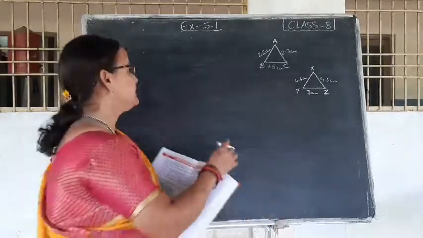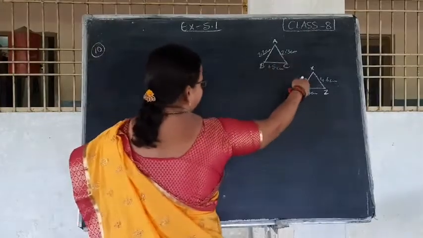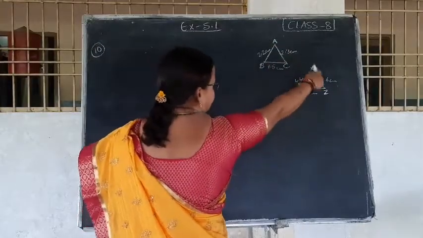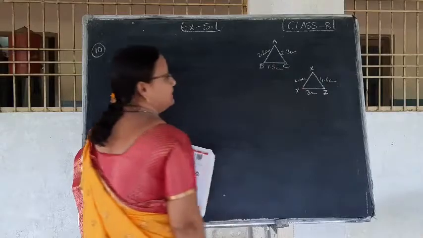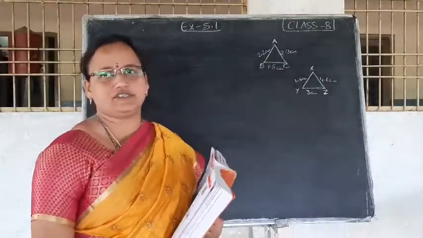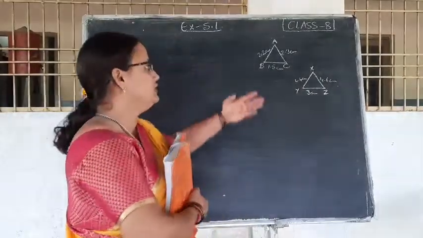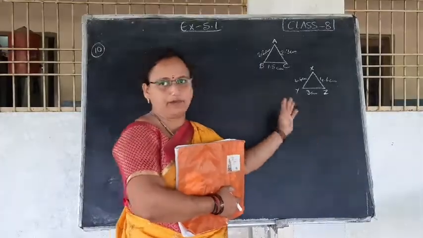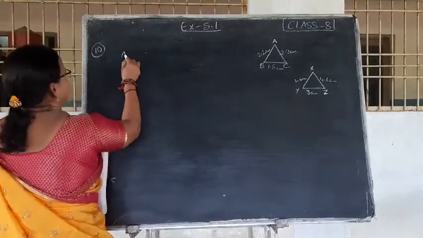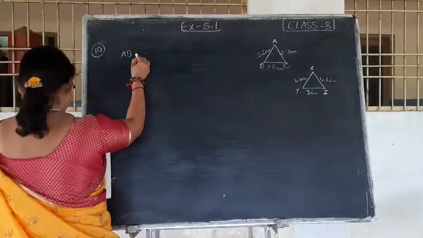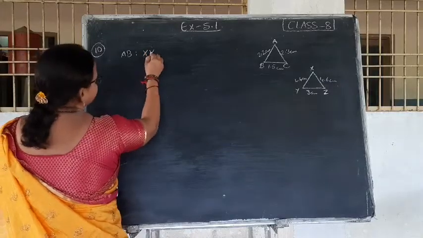That is, the corresponding sides AB and XY, BC and YZ, AC and XZ. If the ratios of these side lengths are equal then the two triangles are said to be in proportion. So first of all you have to find out their ratios. AB is to XY.